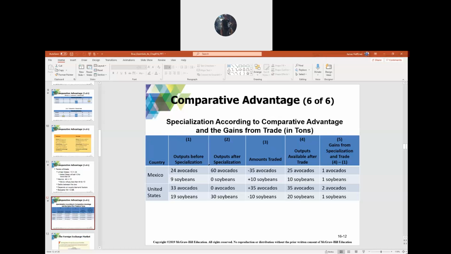Okay, column 1, these are outputs before specialization, right?